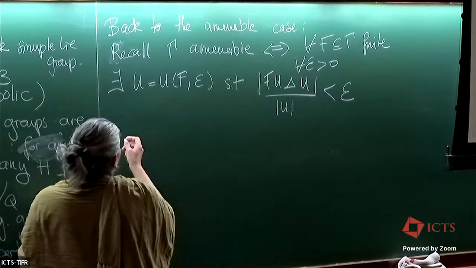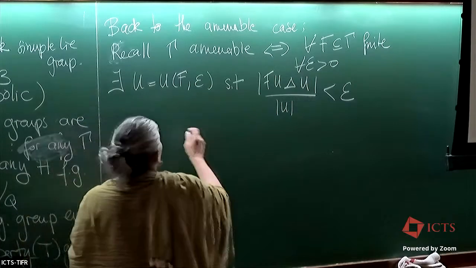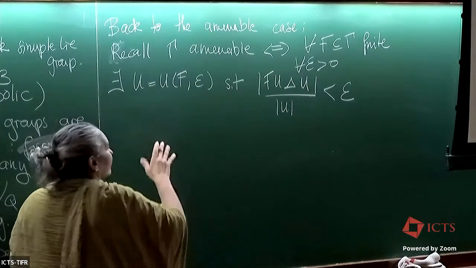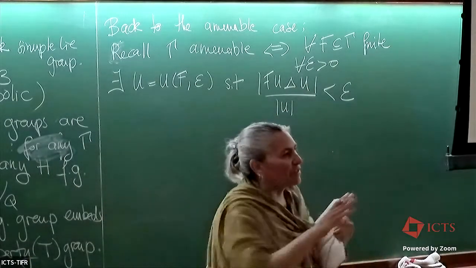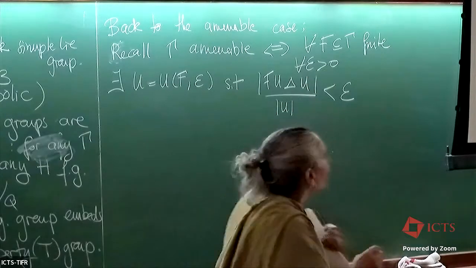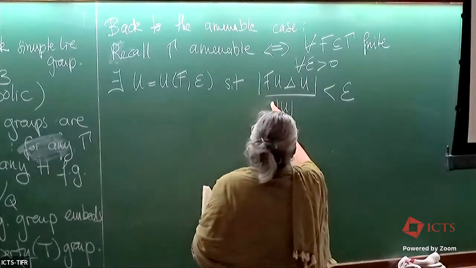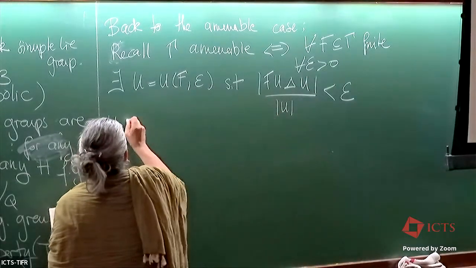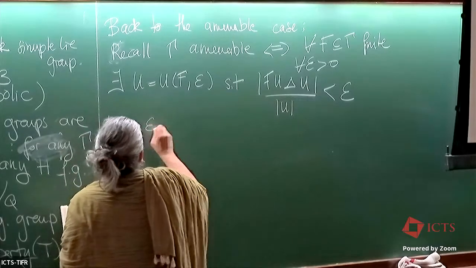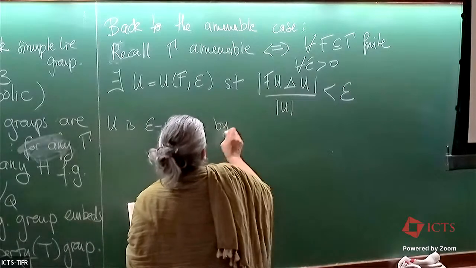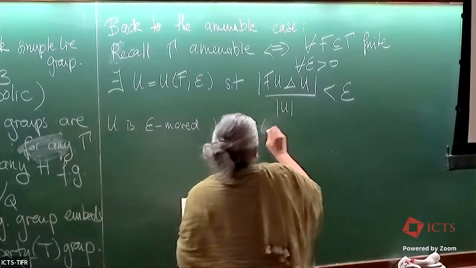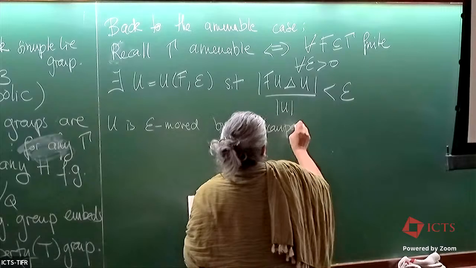So this really means that if F is a finite set, you can think of it as a set of moves in your group. So really this means that U is epsilon-moved by F compared to the size of U.